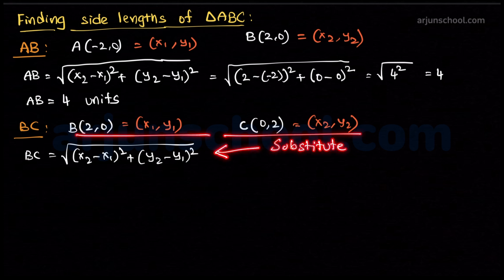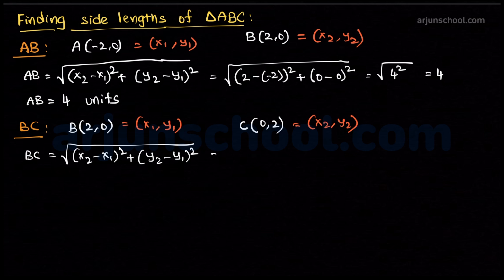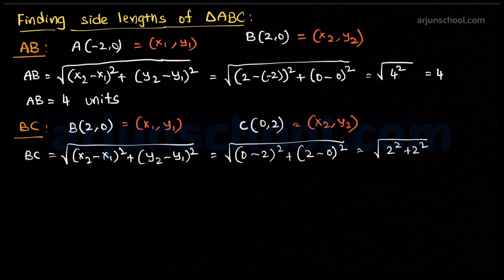Substitute the values, we get root over (0 minus 2) whole square plus (2 minus 0) whole square. That is equal to root over 2 square plus 2 square, which is root 8, equal to 2 times root 2. Therefore length of the side BC is 2 times root 2 units.